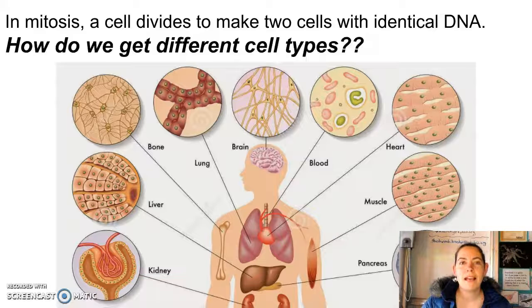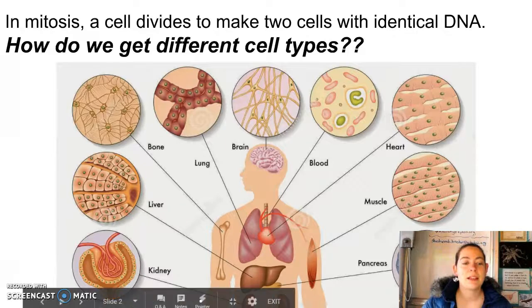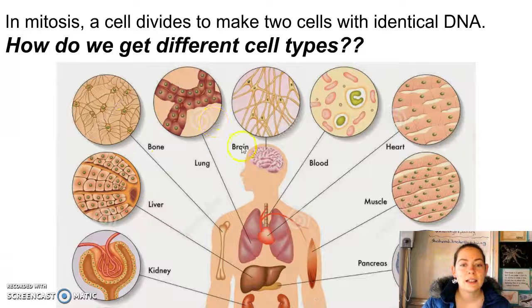Your body has over 100 different cell types, like cells in your kidney, cells in your liver, bone cells, lung cells, neurons in your brain. These cells all look very different, and they all do very different types of things to help your body function. So if mitosis always gives you two identical cells, then how do we get all of these?